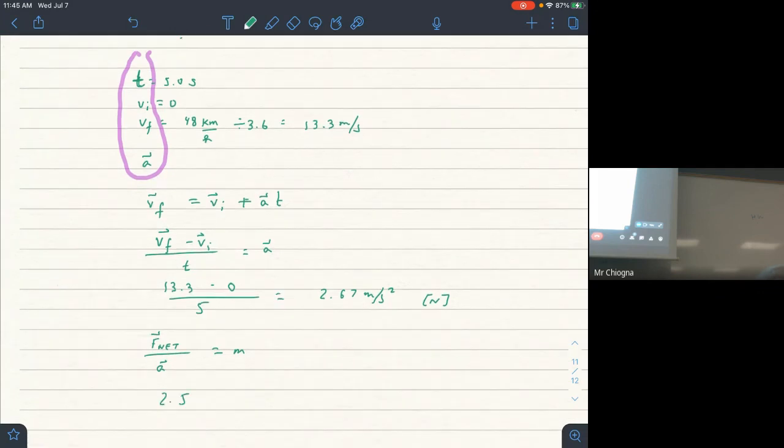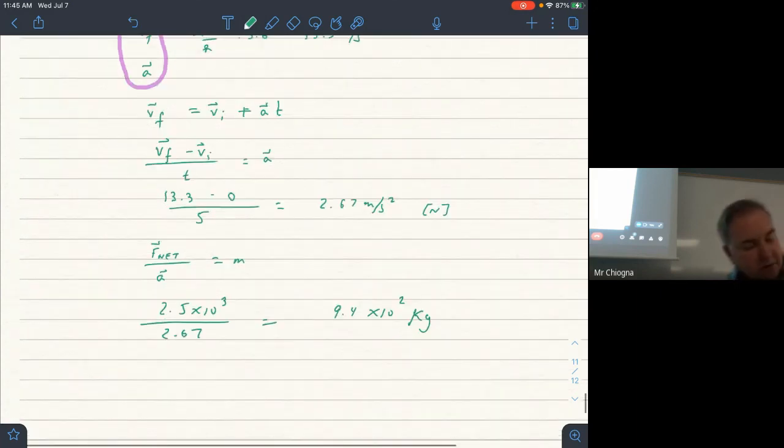F net is 2,500 divided by 2.67 is about 940 kilograms. It's a scalar, no direction.